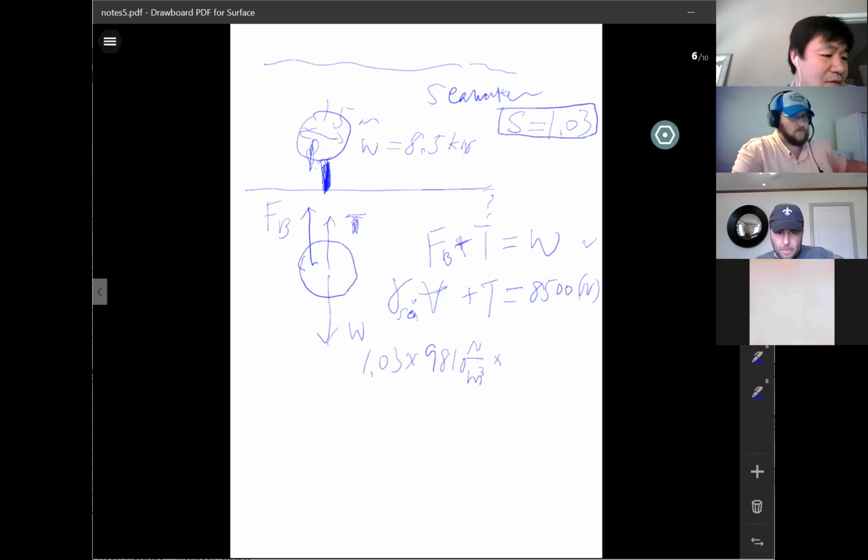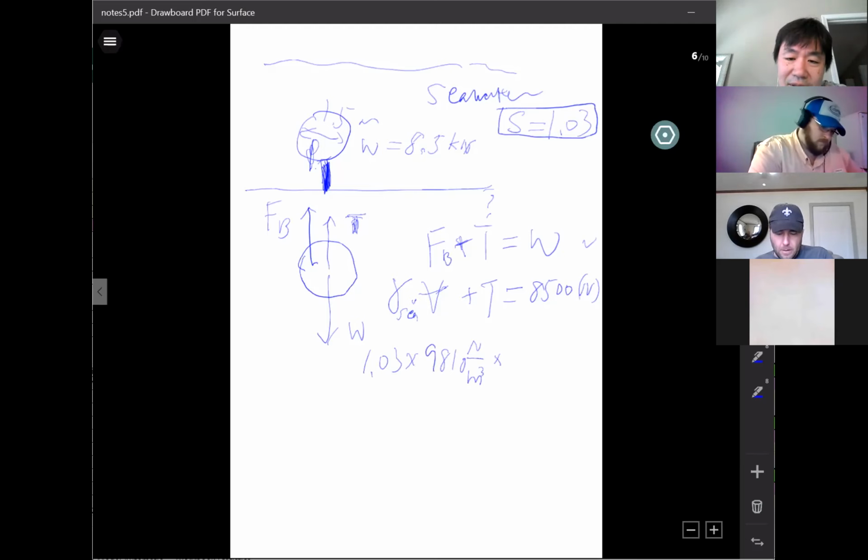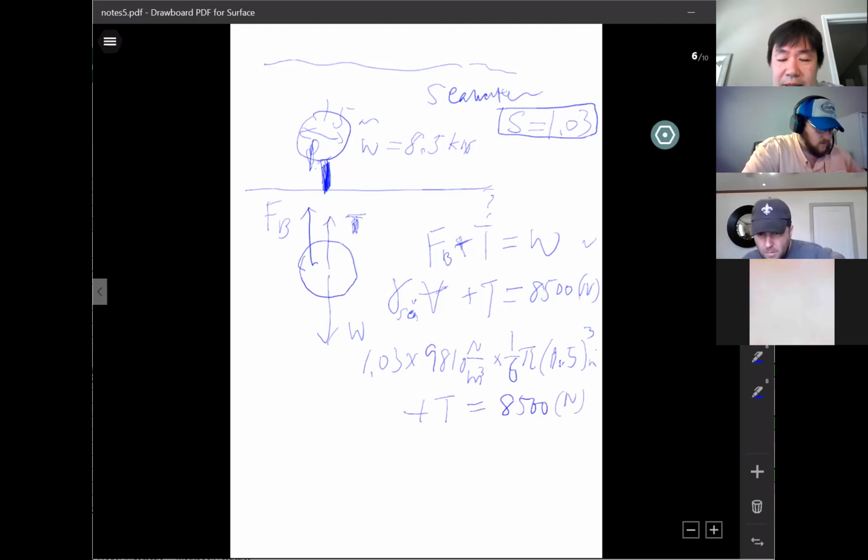Do you have an equation for volume of sphere? 4/3 pi times the radius cubed. How about diameter? Can we use diameter? It's given diameter. Oh yeah. So 1/6 pi diameter cubed. Okay, that's the same thing. Plus T equals 8,500 Newton. This is obviously cubic meter, right?